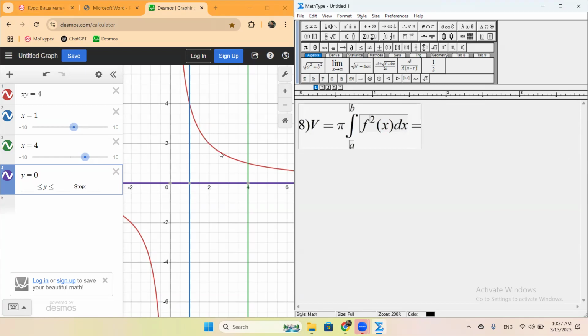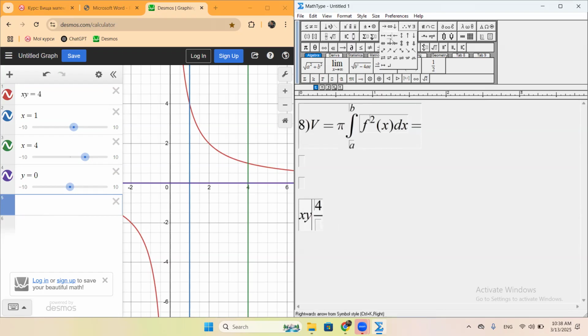Now we need to use this curve. So the explicit form of xy equals 4 is y equals 4 over x.